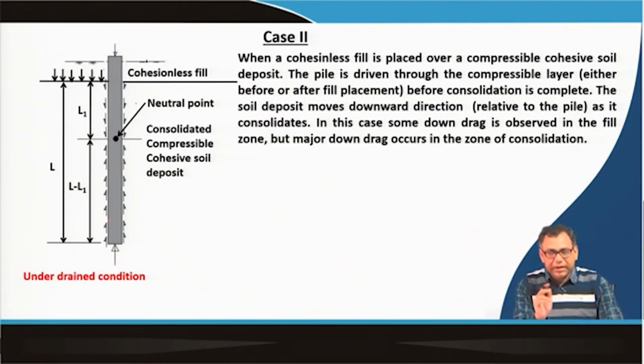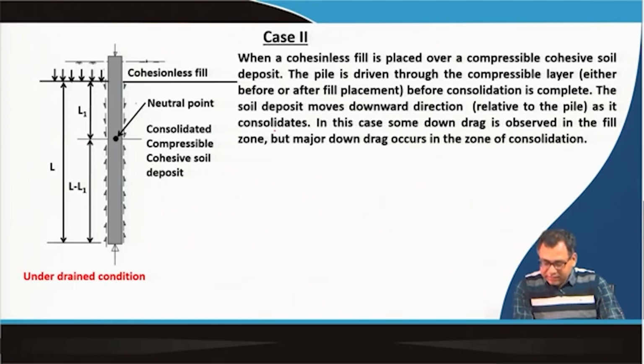The negative skin friction will not be considered for the cohesionless fill, which will act as a surcharge on the compressible clay layer. So, negative skin friction will be generated for the clay layer only. The soil deposit moves downward as it consolidates.